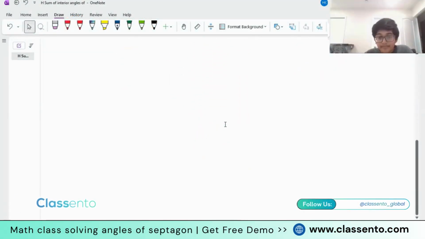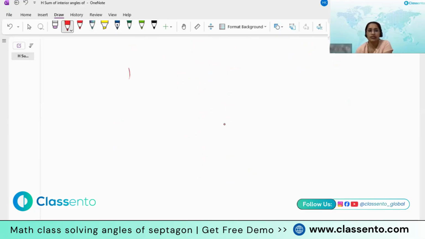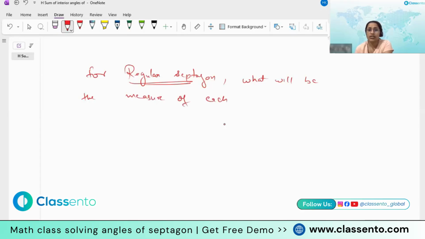Okay. So suppose I have a regular septagon. For a regular septagon, what will be the measure of each interior angle?